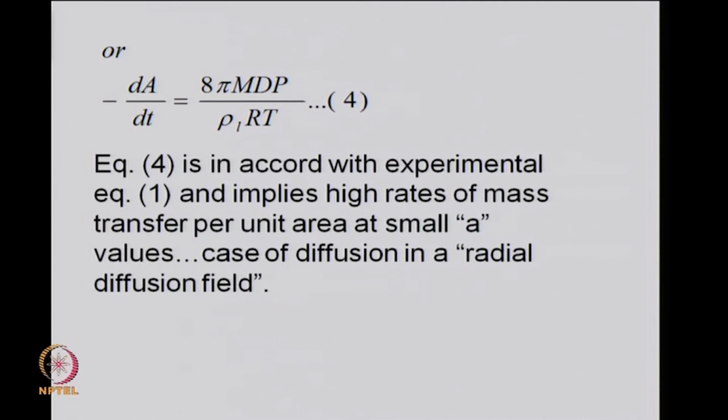When we look at the structure of the right hand side here for equation 4, we see that this equation 4 is in accord with experimental equation 1, rate of change of area equal to constant, and it would mean high rates of mass transfer per area at small a. This would be a situation corresponding to diffusion in a radial diffusion field.